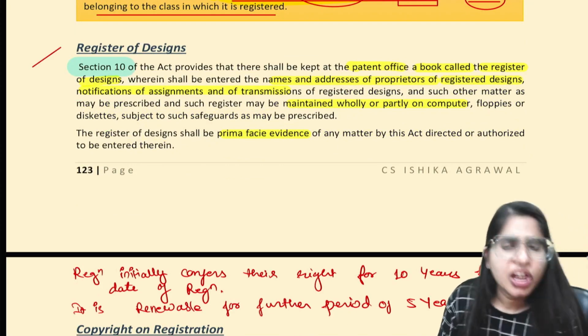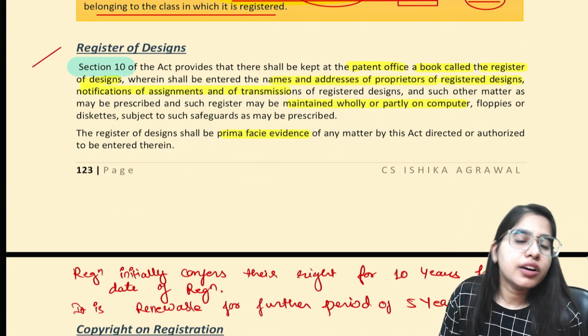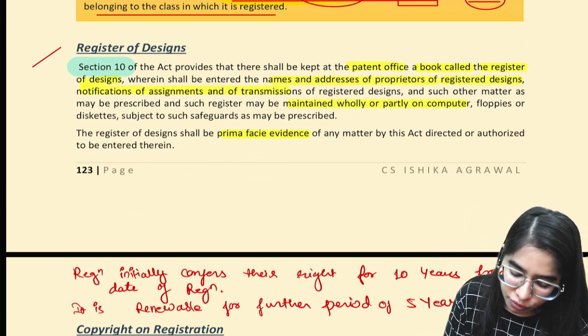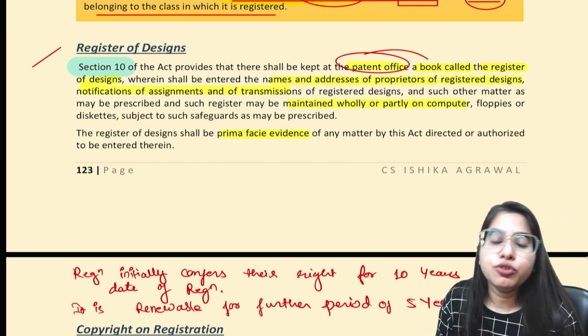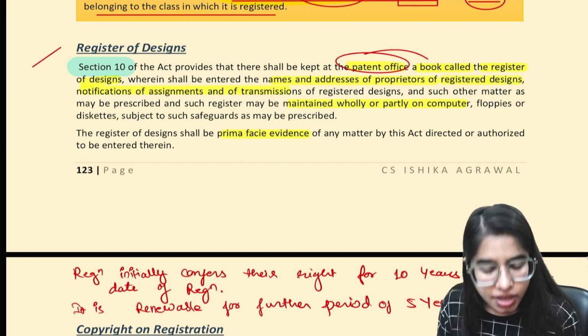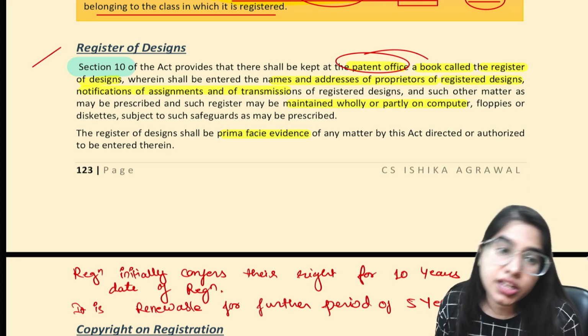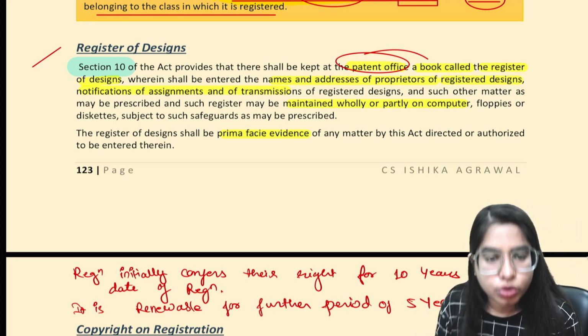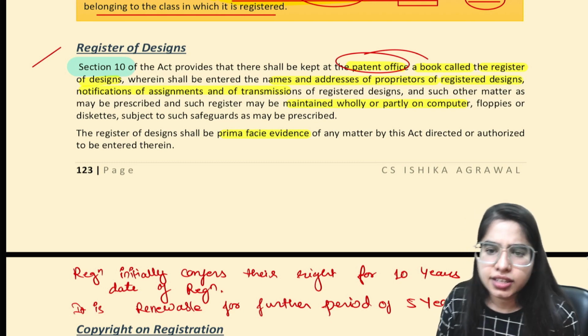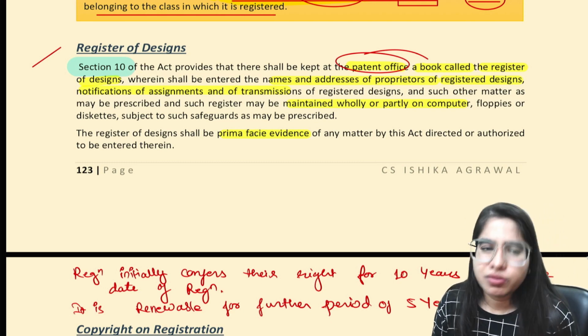Register of design, not very important. This is a government requirement that every patent office has to keep a separate register of designs. They will mention the details of all the designs which are registered, along with the name of the owner, the proprietor, and design details. Very easy.